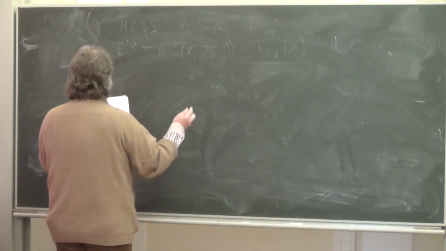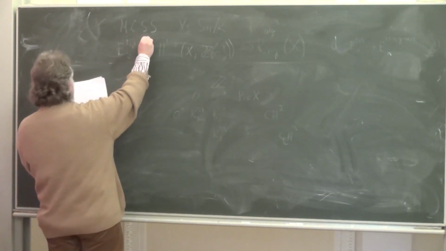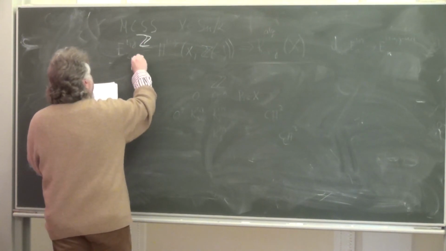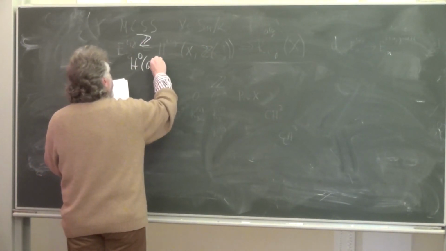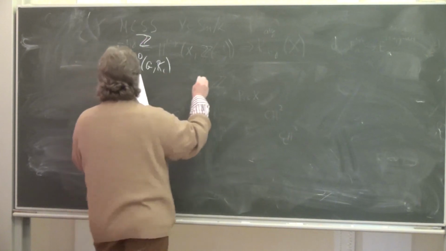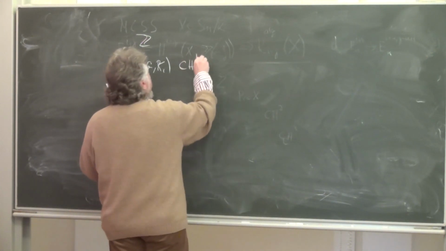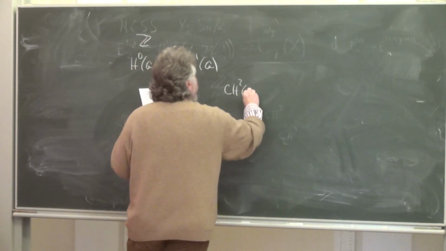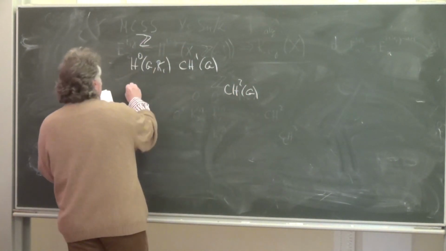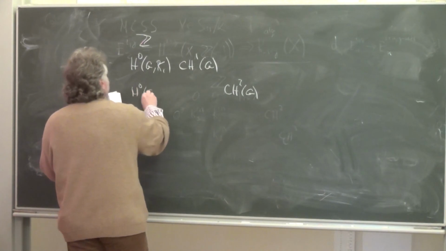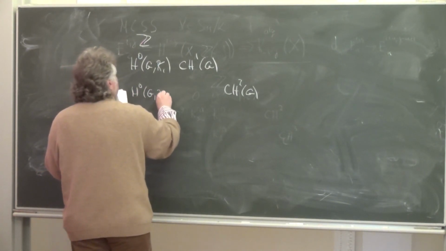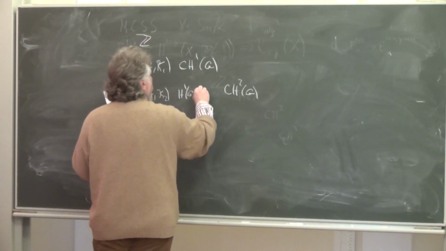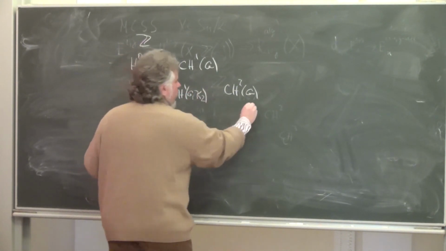I can now write a part of this spectral sequence. So it looks like this. It has 0 here. It has H0 of G, K1 here. It has the first Chow group here, the second Chow group here, H0 of G, K2, H1 of G, K2, and so on.